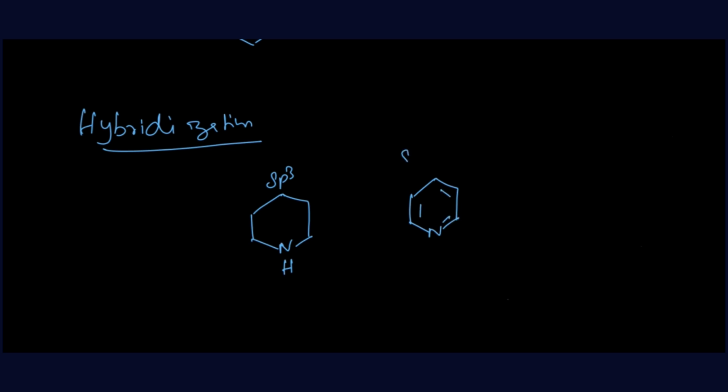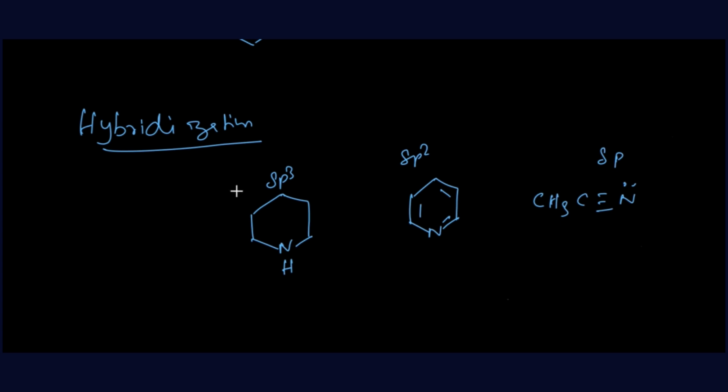I have already given a video on how to find the hybridization of any particular atom in the description link. Please go through it. That is very easy to find out. So this is sp hybridization of nitrogen. Here I am talking about the hybridization of nitrogen.